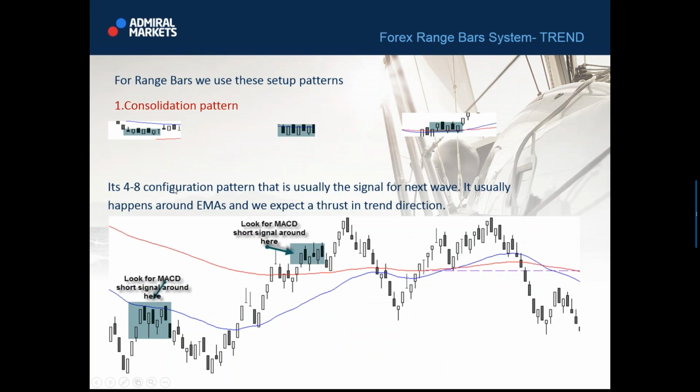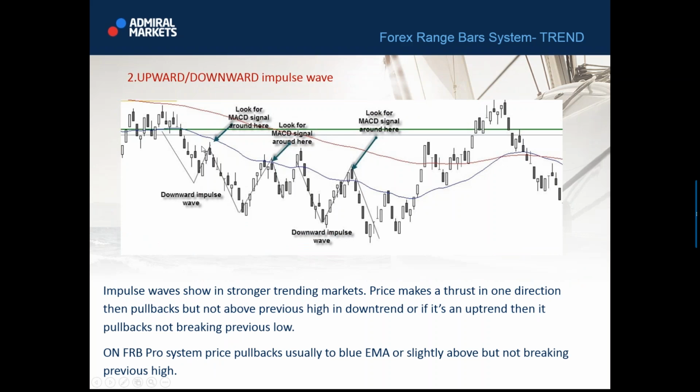So this is the consolidation pattern. When you see this pattern, you know that this is a consolidation, so you just wait for the MACD signal. In these two examples, you wait for the MACD signal to go short. Now, this is a downward impulse wave.